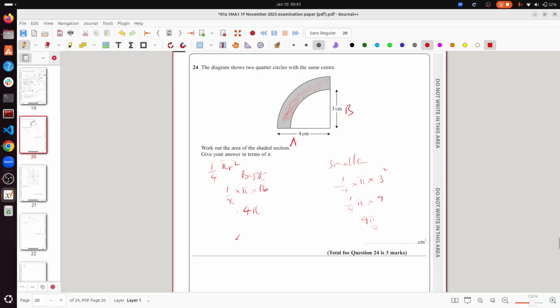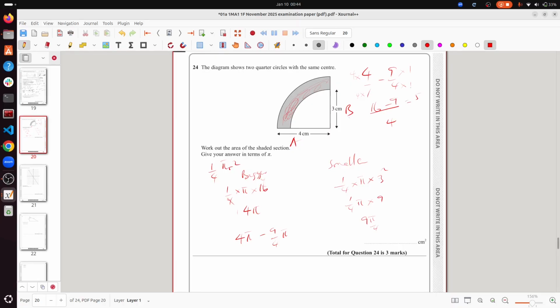Now the bigger one is 4 pi minus 9 over 4 pi. So this is subtracted. So we have 4 over 1 minus 9 over 4. Common denominator 4. What have I done here? Times here by 4, times here by 4. 16 minus, times here by 1, times here by 1, 9.